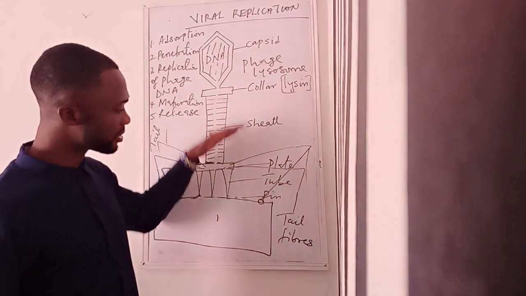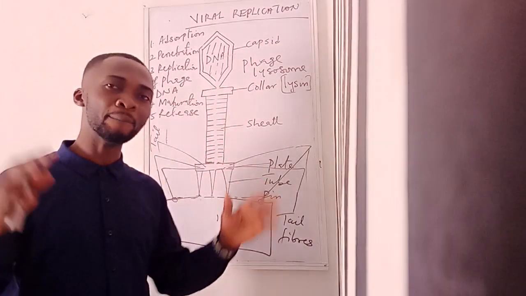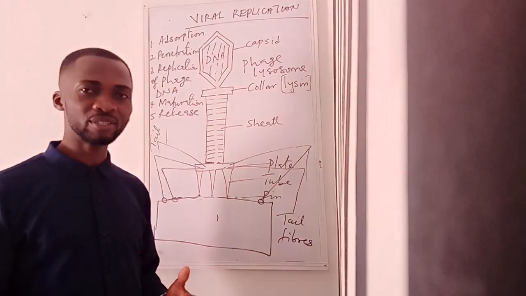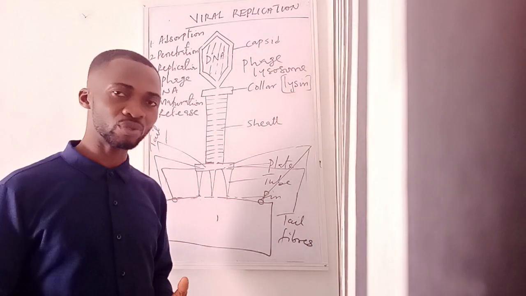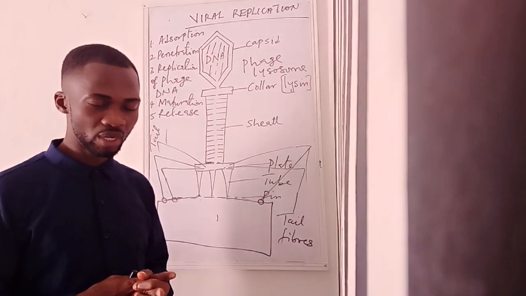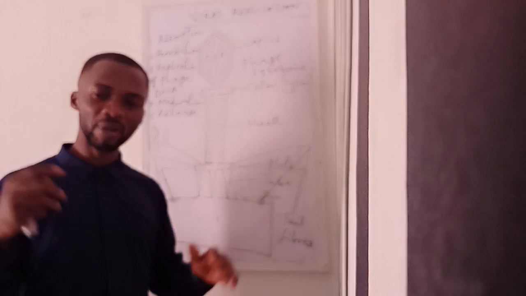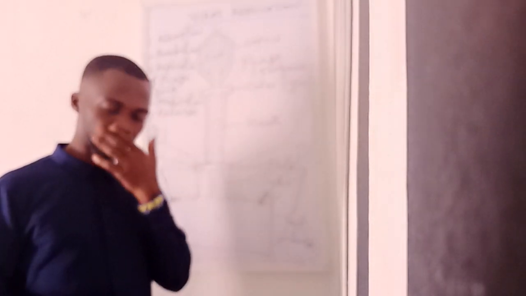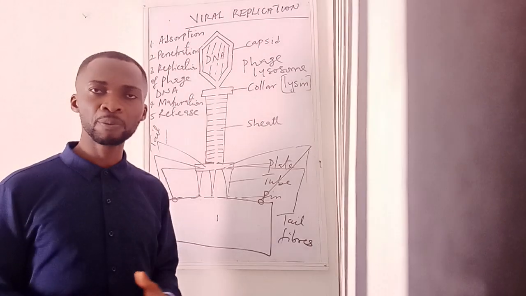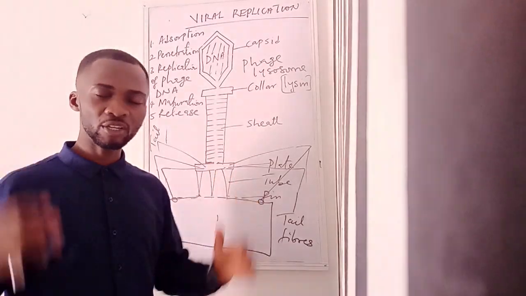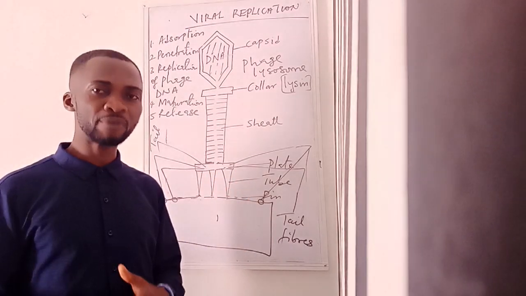So I said that all these different components of the viruses are made using the DNA and the ribosome of the host. Now, once this is done, the fourth stage is what we call maturation. What happens in maturation is similar to what happens in car factories.